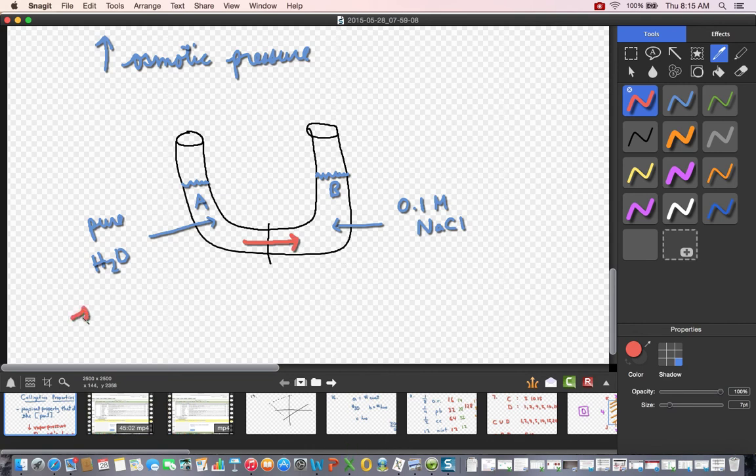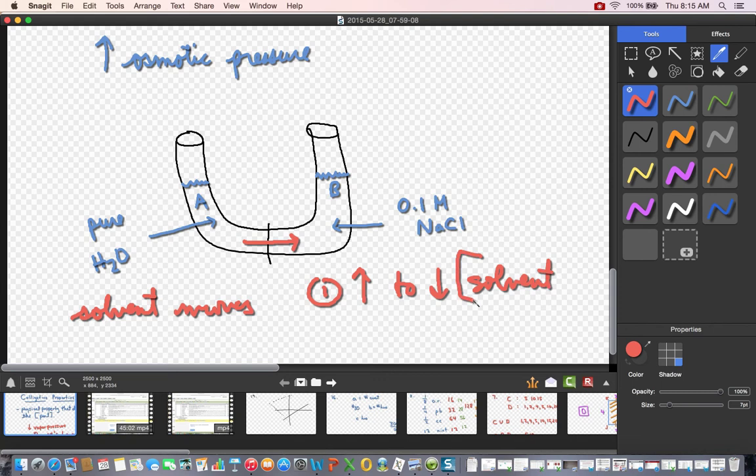Solvent moves from a high to a low solvent concentration, or from a low to a high solute concentration. Either of these is fine. They both mean the same thing.